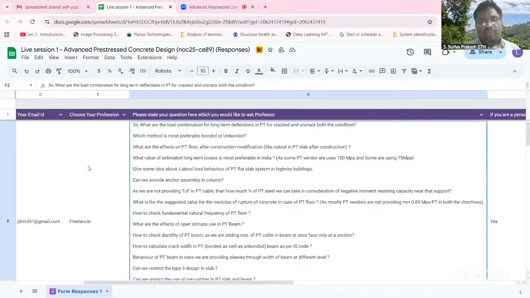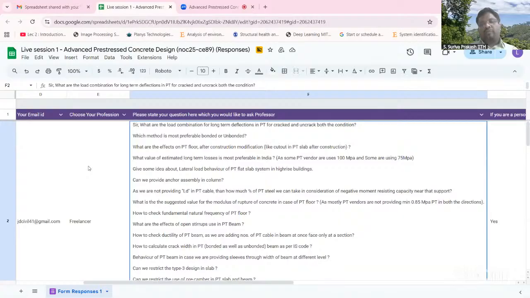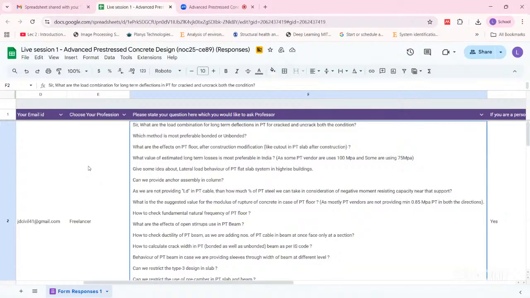Yes, sir, it is okay. But when I am checking the Indian projects, some vendors are taking 75 and some vendors are taking 100, and both are saying their method is okay, and there is no specification in code like GCC. And they are manipulating the PT quantity based on these values.